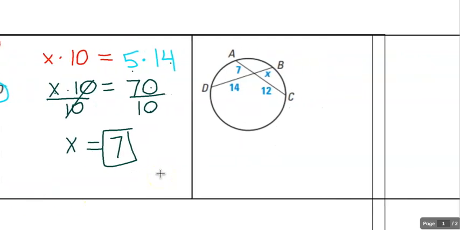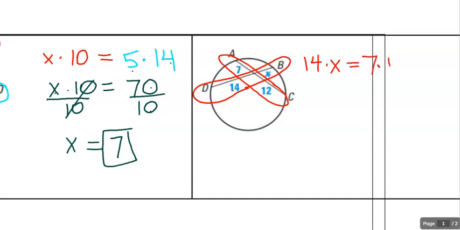The more you do, the more this will be familiar and you'll understand the process of solving. So let's look at chord DB. We've got 14 and x together. And on the other chord, we've got 7 times 12. So I can leave the x side alone, so 14 times x is going to stay.